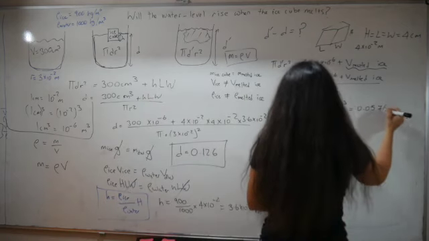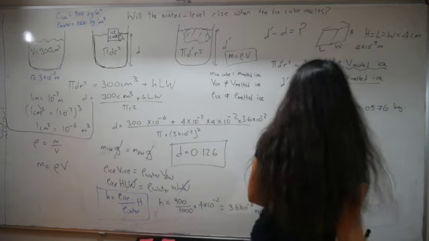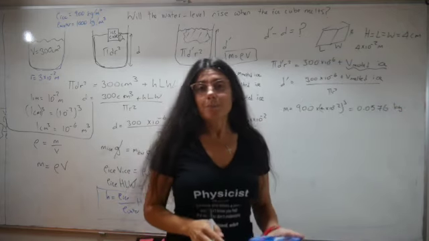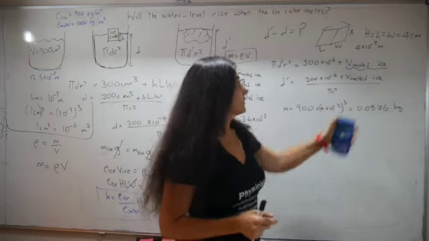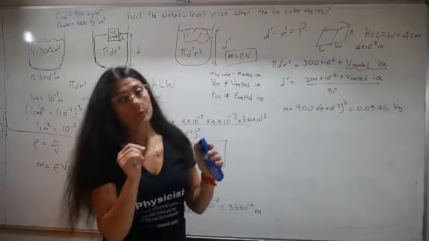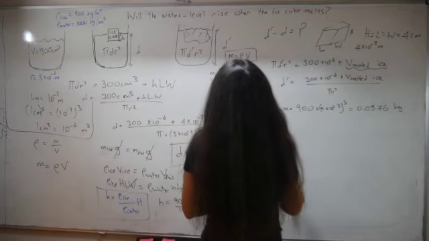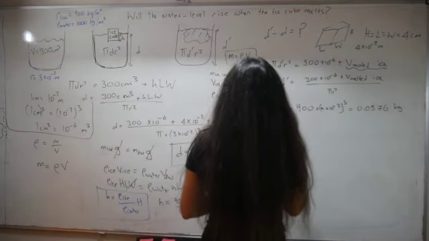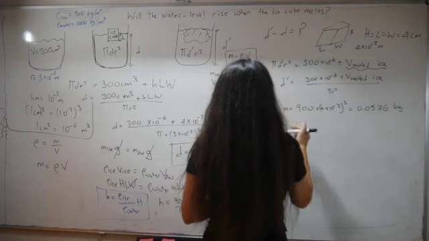0.0576 kilogram. Okay, so I know that the mass is the same, so now I can calculate the volume of melted ice, because I know the density of the water, once it becomes water. So that's what I use.